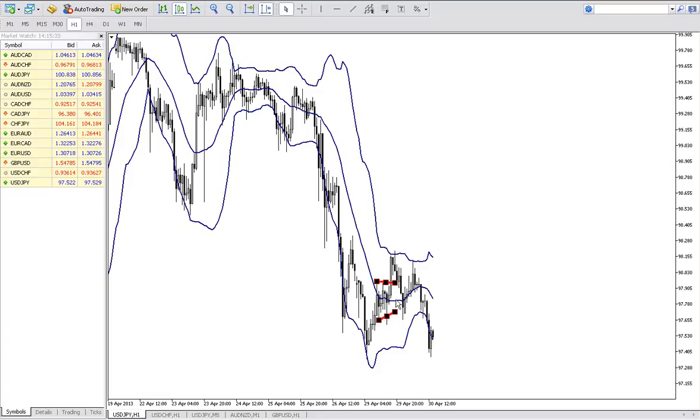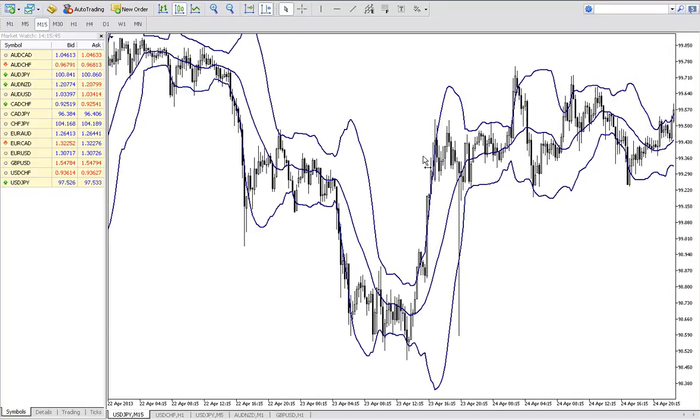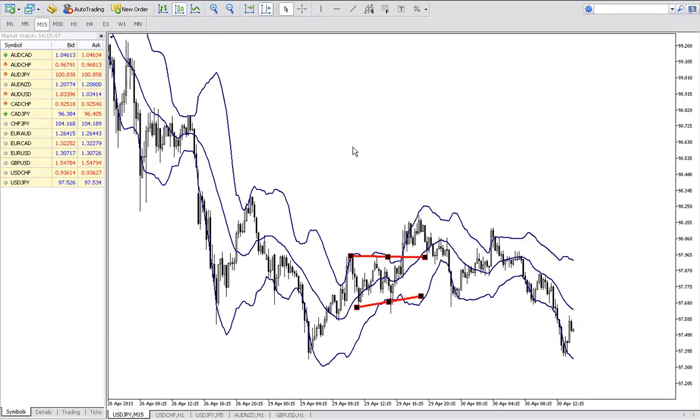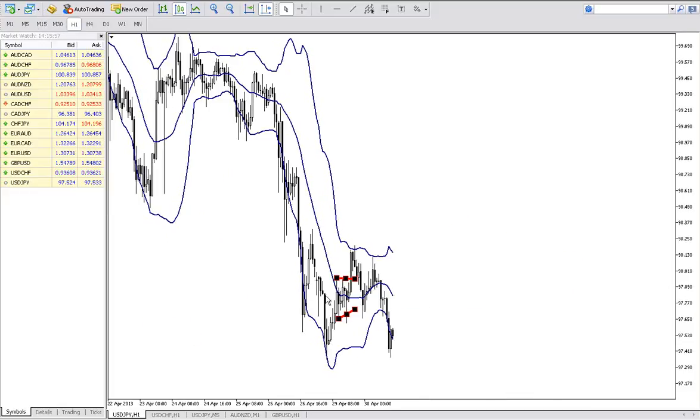But if you're trading the hourly time frame and you see a flag forming, but it doesn't bounce off the Bollinger Bands, that doesn't mean that you can't trade it. Just reference a few time frames below to see whether the Bollinger Band bounce is happening. And as you can see in the 15-minute chart that we're in now, that has actually happened, but it's exactly the same trade, you see?